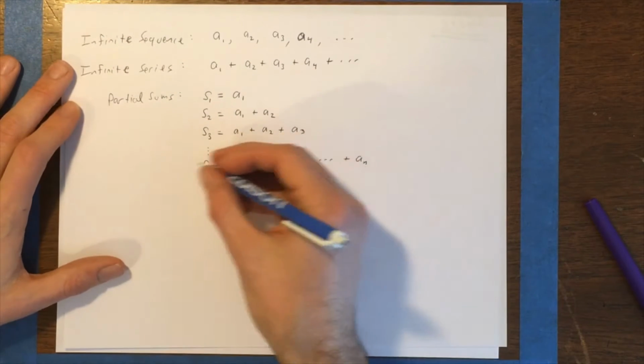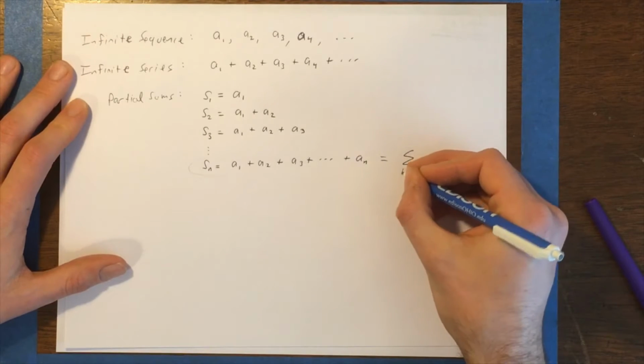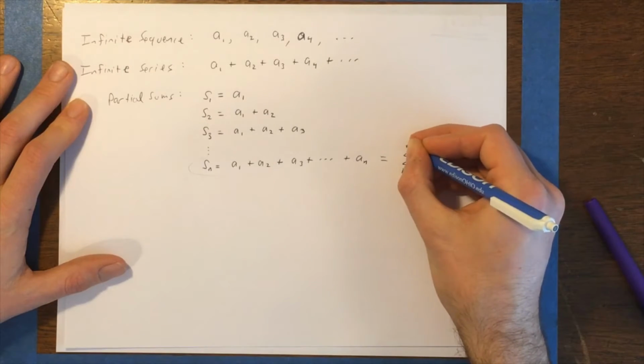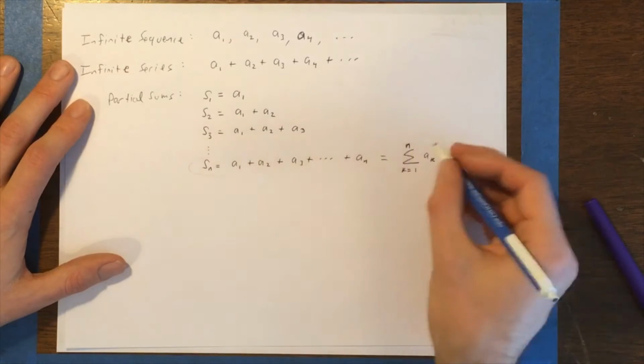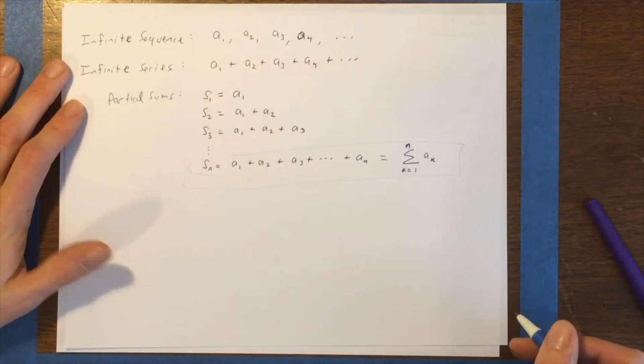So Sn could be written out in sigma notation as the sum k equals 1 to n of ak. That's why we're using an n on the top with a k on the bottom. So this is a partial sum of an infinite series.